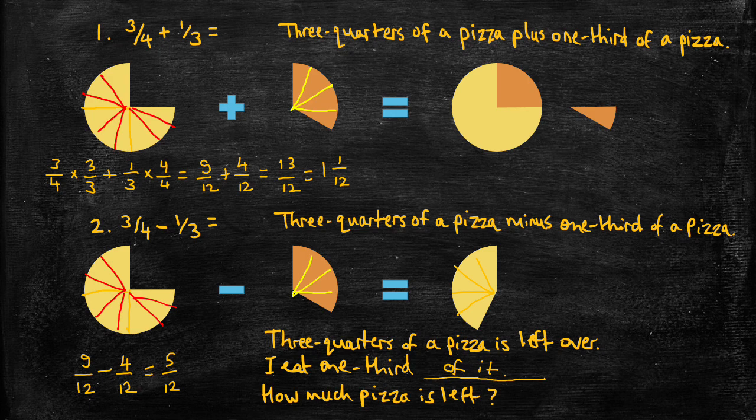Because what that would be, here's my 3/4 of leftover pizza. What is 1/3 of this? Well, 1/3 of this is going to be one of these quarter sections. I've got 3 quarter sections of pizza, and 1/3 of 3/4 is going to be 1/4.